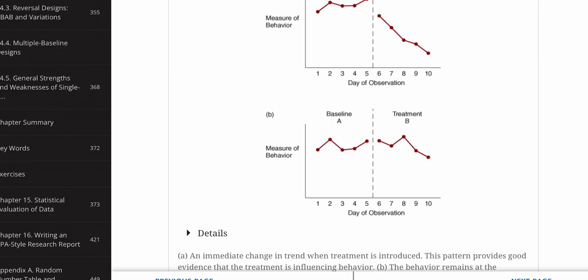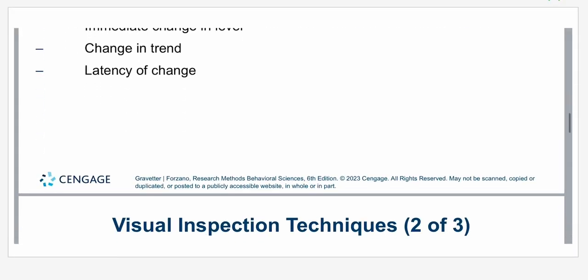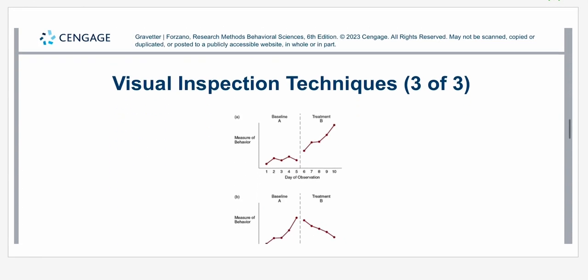And so more modifications of treatment or more replication is going to be required. More observations are going to be required in order to have confidence in the cause and effect relationship for that particular set of data. Okay, so that's the 4 things you can look for.